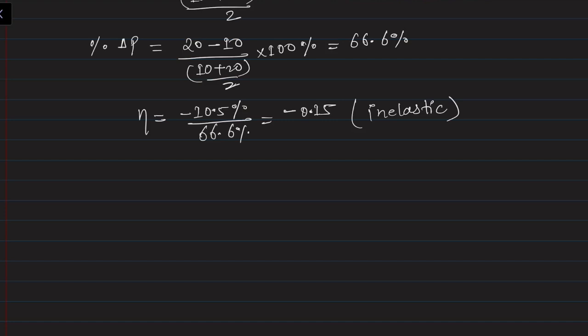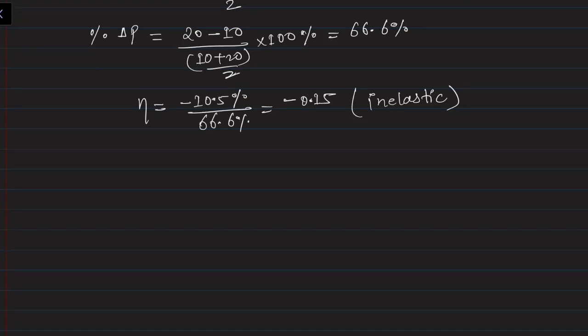Now we have another formula for elasticity, which is the point formula. And as the name suggests, this formula is used when there is one point on the demand curve.